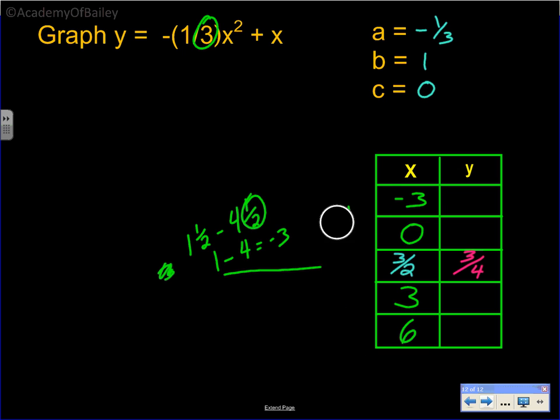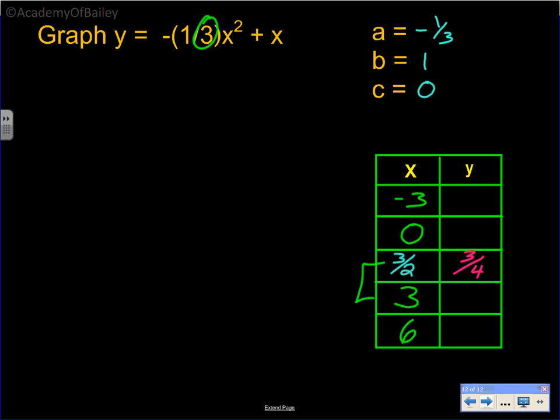And we can check this. I've always told you to check and make sure that the distance from the vertex is the same, right? Minus 4.5 and plus 4.5, those distances are the same.